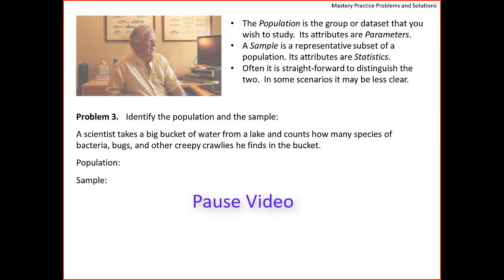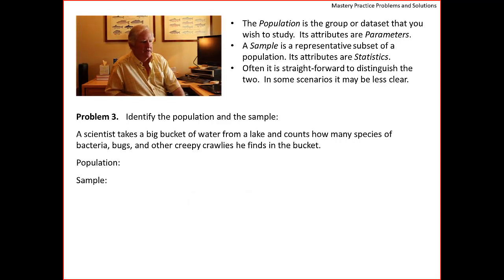All right, we're back. So in this case, I don't see the word survey. I don't see any specific telltale smoking gun word, but we do have someone taking a bucket of water from a lake. He's not studying all of the animals and creepy crawlies within the lake. That's a big task, right? Instead, he's taking a bucket, a subset of that lake.